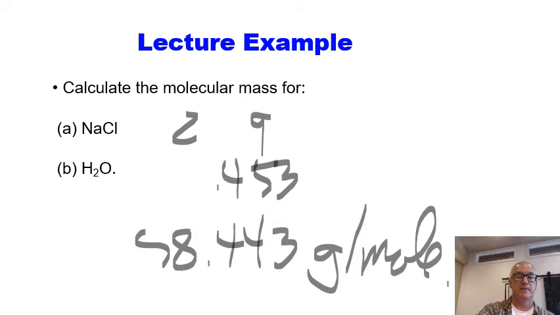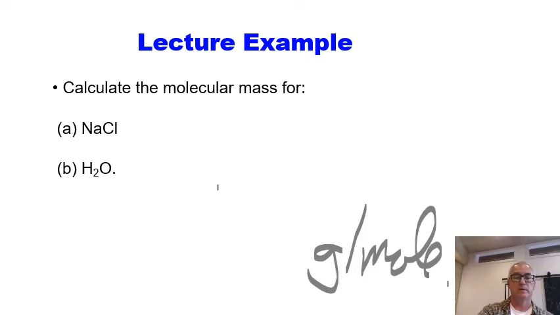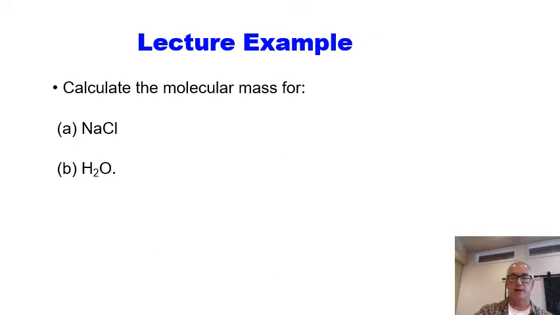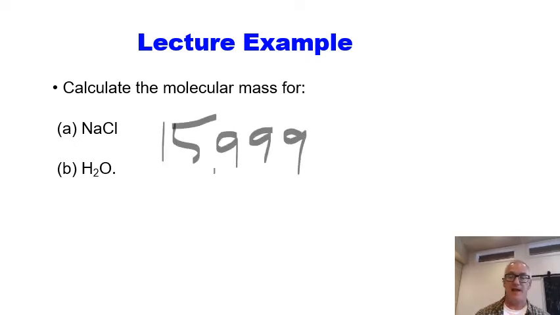So next, good old dihydrogen monoxide. When I look up the mass of oxygen, I know I have 1 mole of oxygen atoms in a mole of water. Oxygen is 15.999 AMUs, or grams per mole.